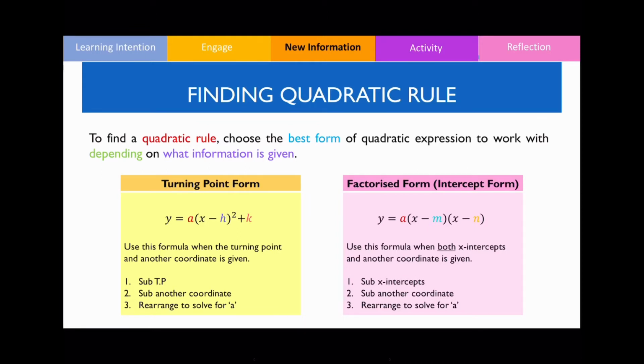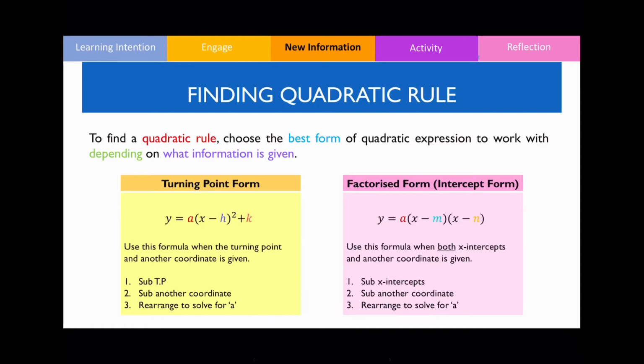The reason why we do not put it in the standard form, which is another way you could represent a quadratic equation, is because firstly, that one only tells us what your y-intercept value is, which is the value of c, and not only that, you need to have 3 coordinates given to you in the question to find the values of a as well as b, and then use simultaneous equations, okay?